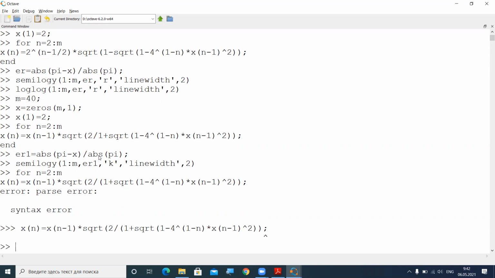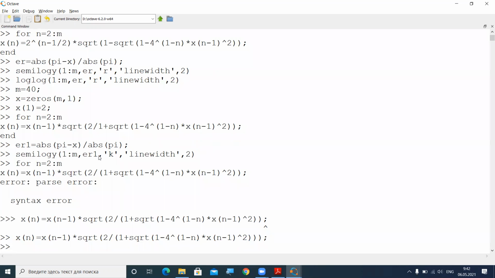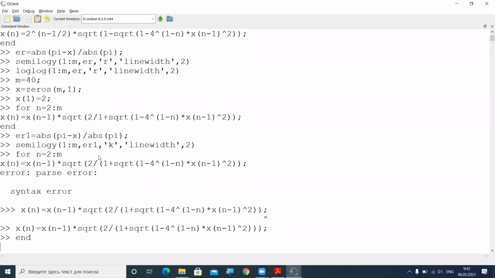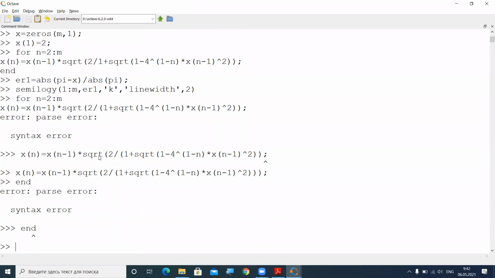Sorry, one more parenthesis. Yes, of course. Matlab reminds us one more parenthesis here. Parse error. So end. Just a second.